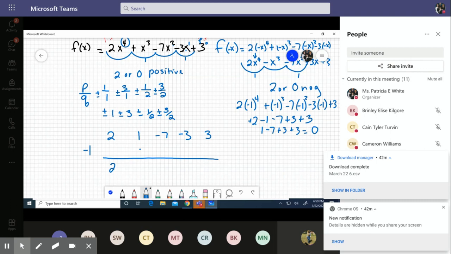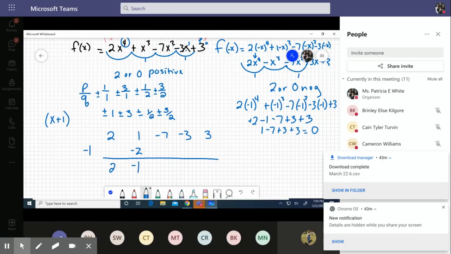Does that negative 1 change? Wait a minute, where now? We use negative 1. I was just asking, when you do the synthetic division, does it swap? No, like when I write this in the binomial, this is negative 1, and I'm going to write that as x plus 1, right? Okay. So 2 times negative 1, that's negative 2.